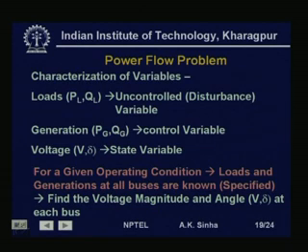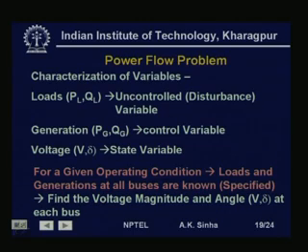In fact, if we know these values of V and delta at all the bus bars in the system, we can find out all the other values, and therefore, we call V and delta, that is voltage magnitude and angle at bus bars, the state variables. Now, what is the power flow problem?